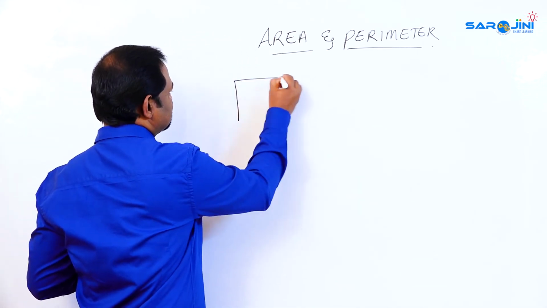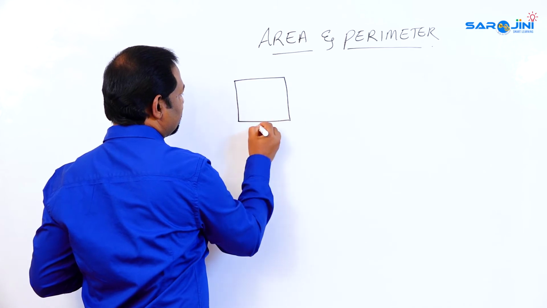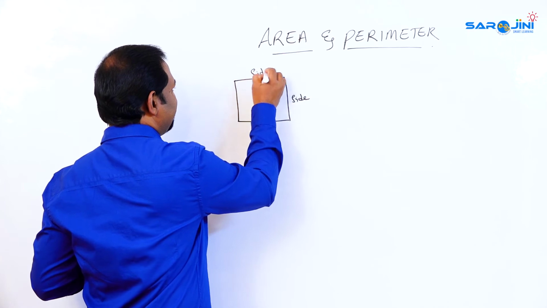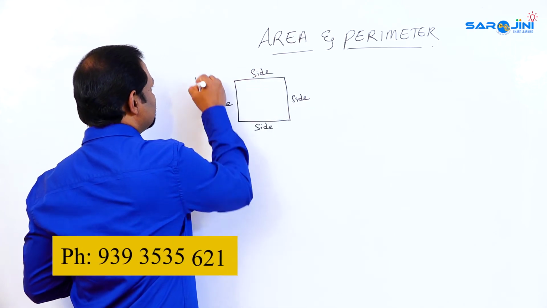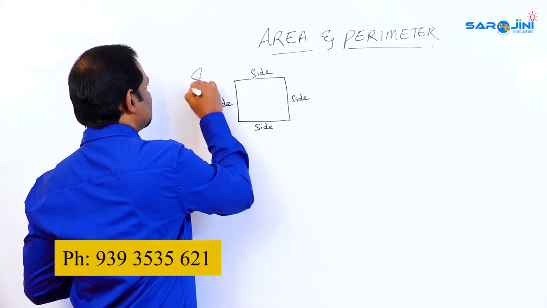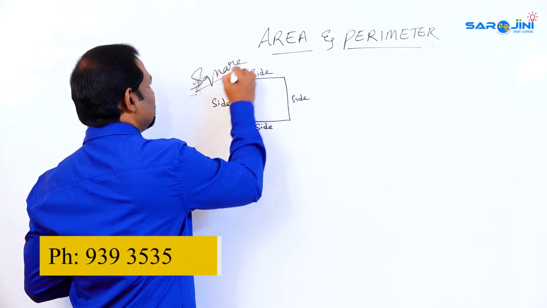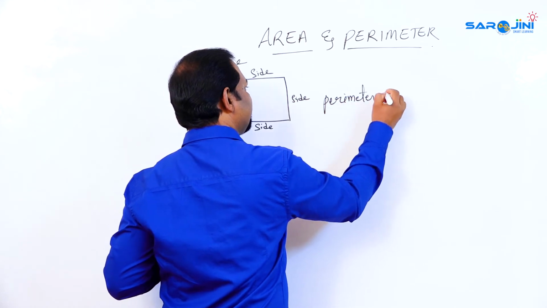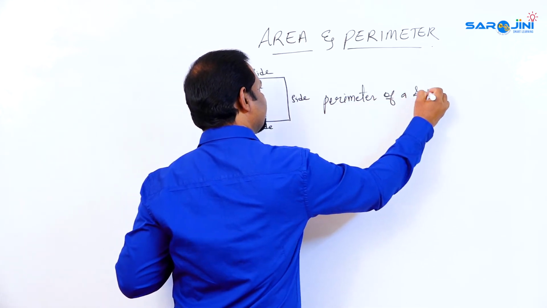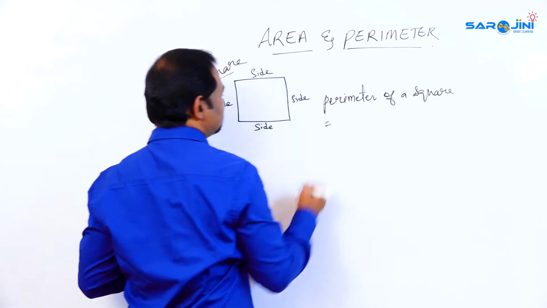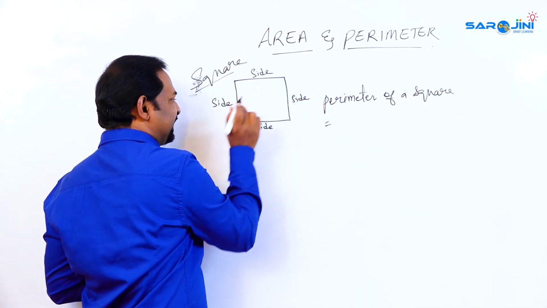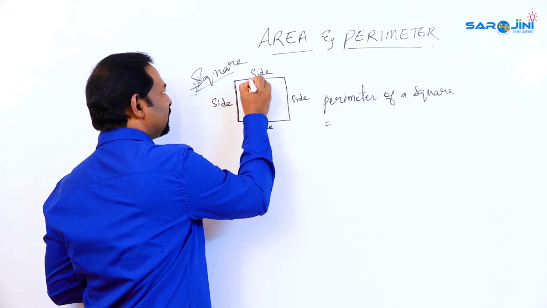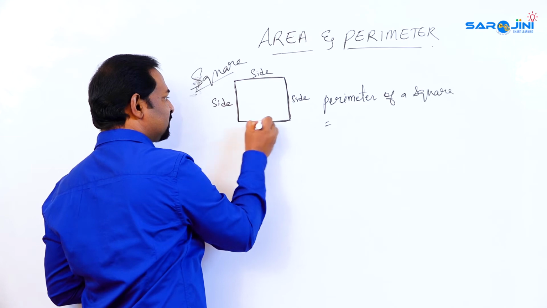Suppose this is a square, with side, side, side and side. The perimeter of a square is, apart from the inside, the walls or boundaries around it.